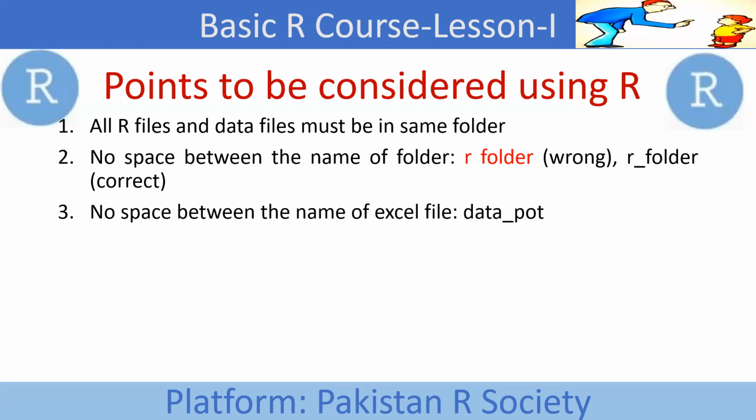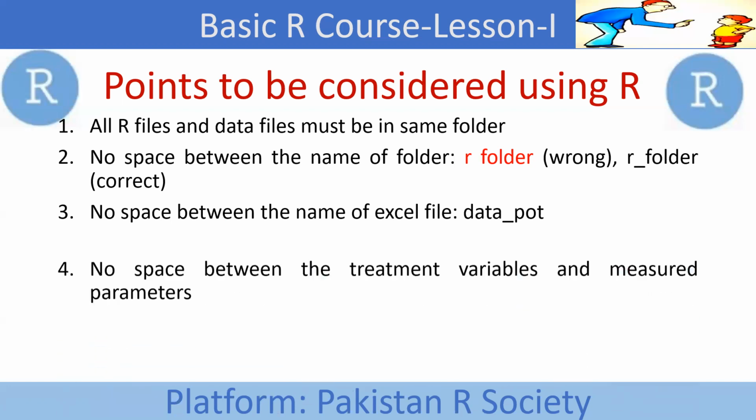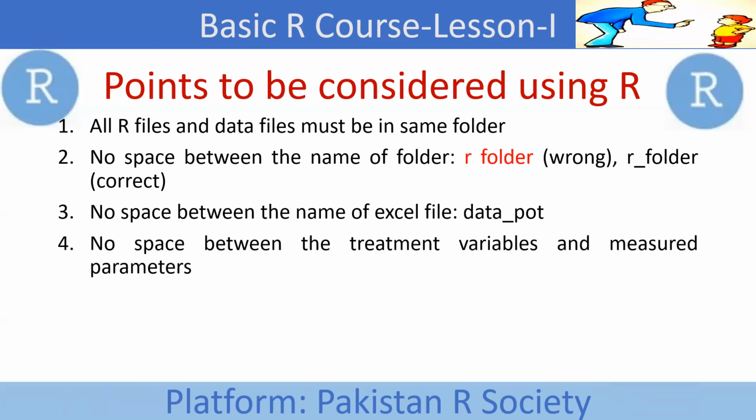So you must keep these things in mind. All your data files should be in the same folder, there should be no space in the folder name, no space in the data file name, and no space between treatment variables and parameters. In the data file also, if you want plant height, you write plant underscore height.